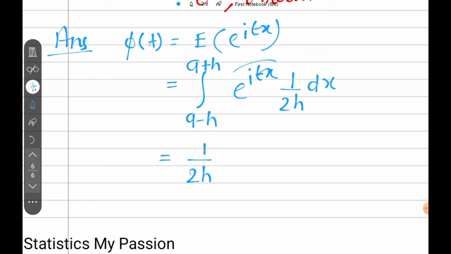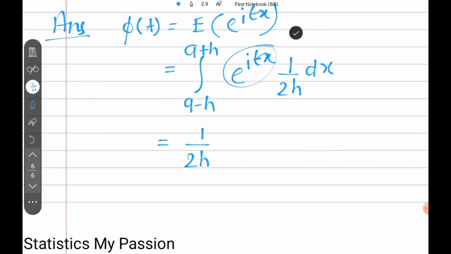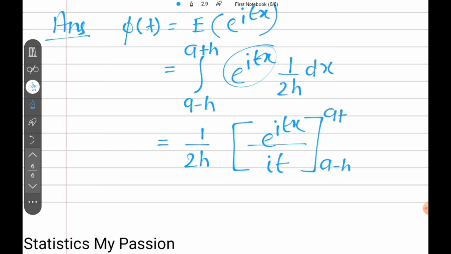Now when we integrate, the integral of e^(itx) is e^(itx) upon it, evaluated from a minus h to a plus h.